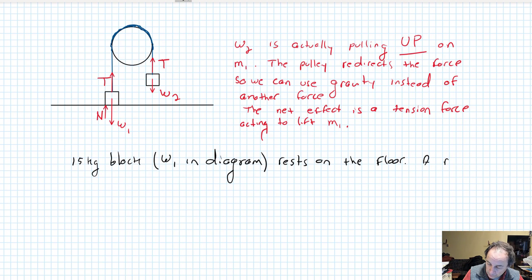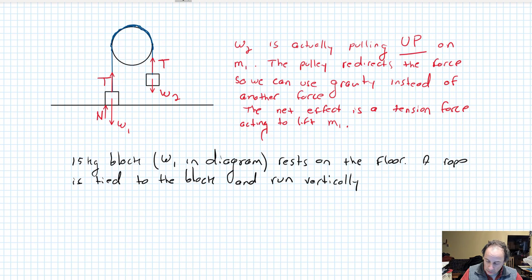A rope is tied to the block and run vertically over a massless pulley.